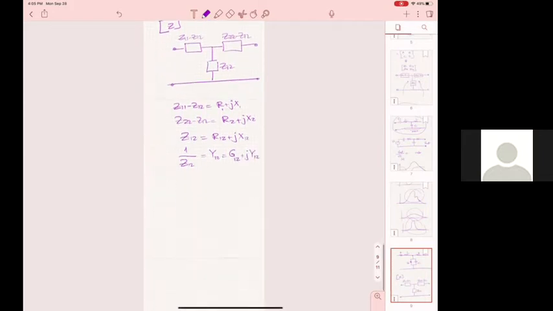That will be the best way, because any real part in the Z impedances can be a resistor in series with an inductor, all right? Another resistor, another inductor.